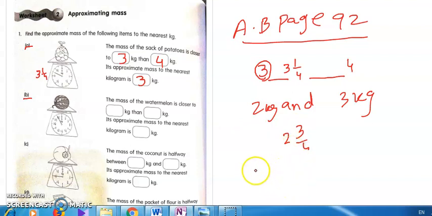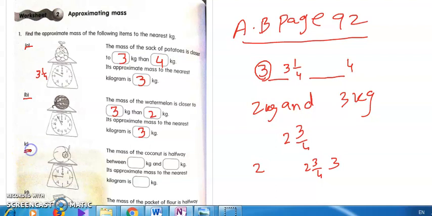Now if we have a look between 2 and 3, 3/4 will be near to 3. So I can say the mass of the watermelon is closer to 3 kg than 2 kg. So for approximation we always take the nearest mass. So the nearest mass is 3 kg.